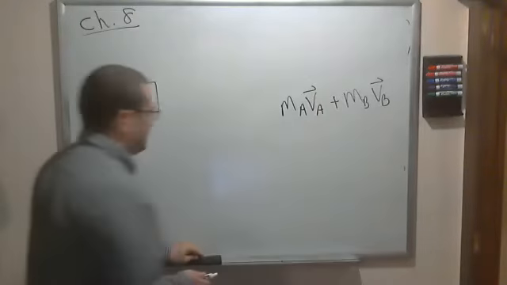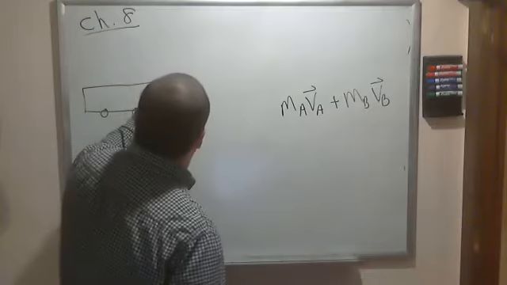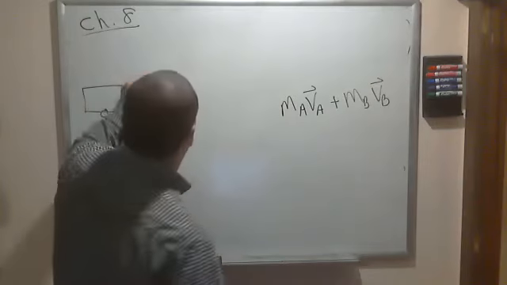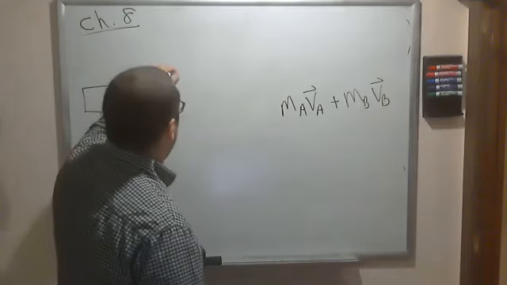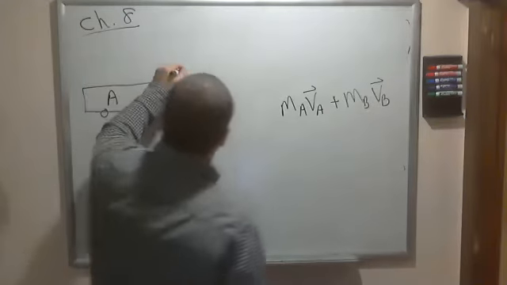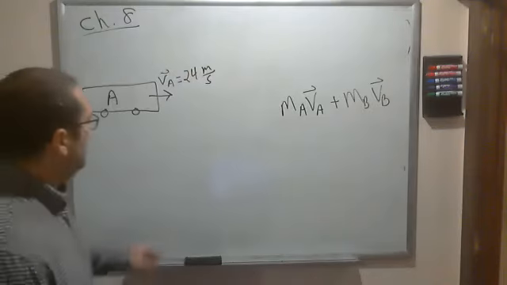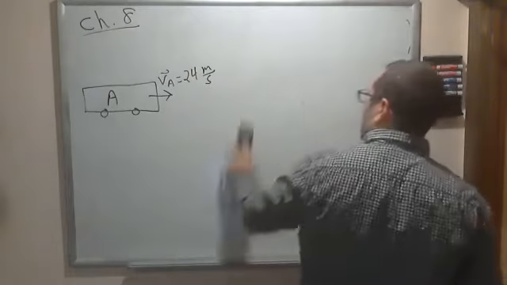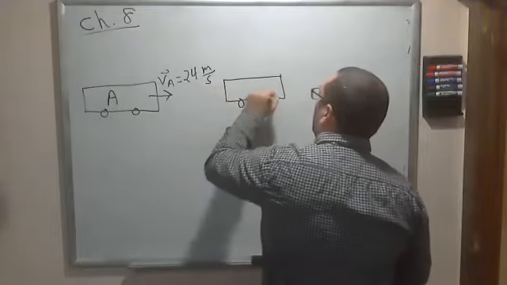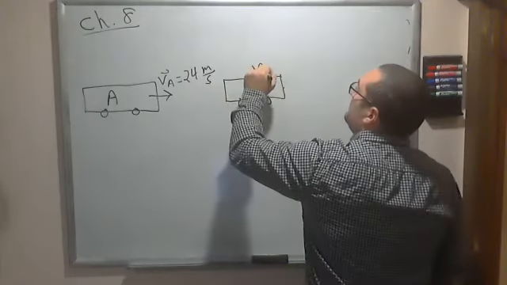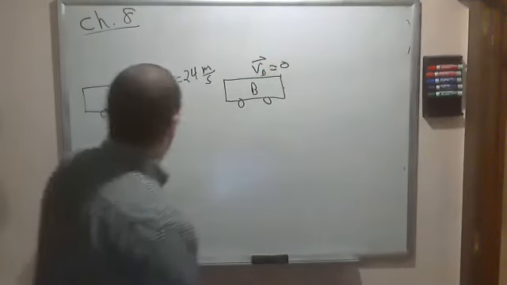And we just know the type of collision. So we have one railroad car, A. Now VA is traveling at 24 meters per second, and it is moving towards another railroad car where VB is 0. This car is stationary.